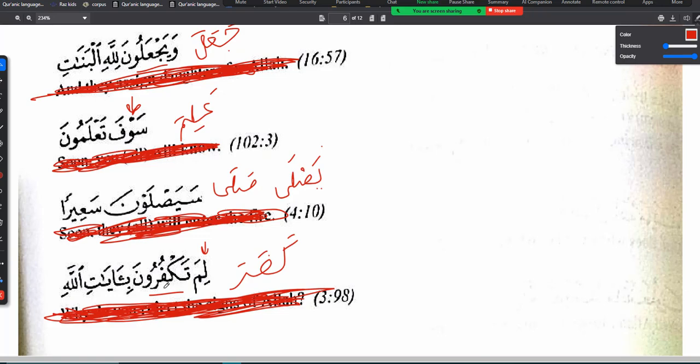Why do you disbelieve? Very good. Bi ayatillah, with the ayahs of Allah. Very good. MashaAllah. With the signs of Allah. This is mudaf mudaf ilayh. This is jar majroor. So why do you reject the signs of Allah?